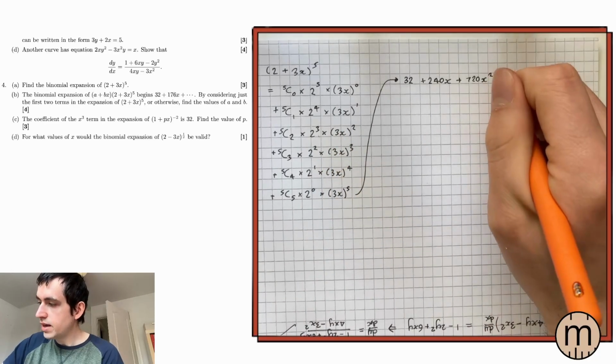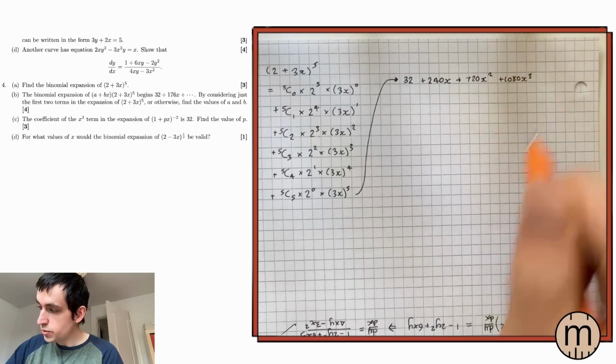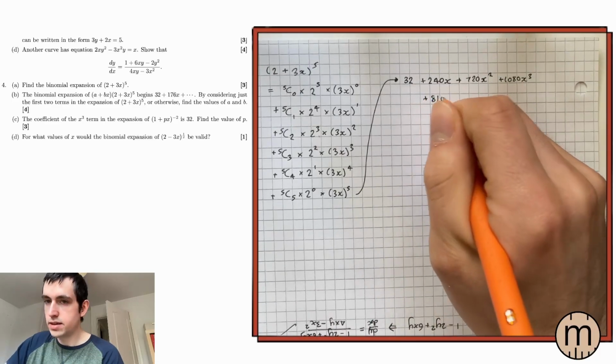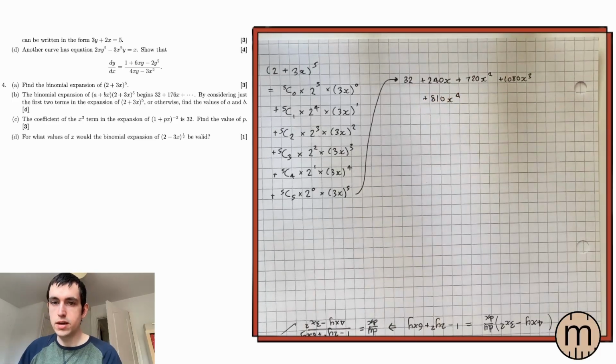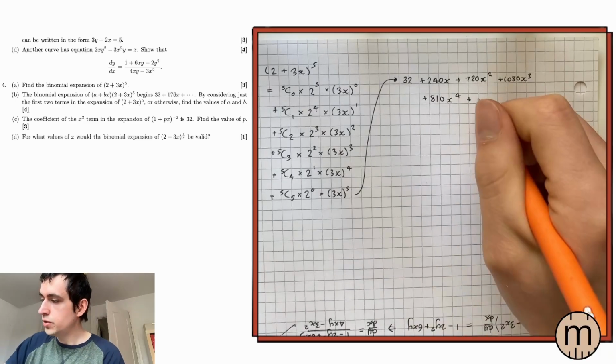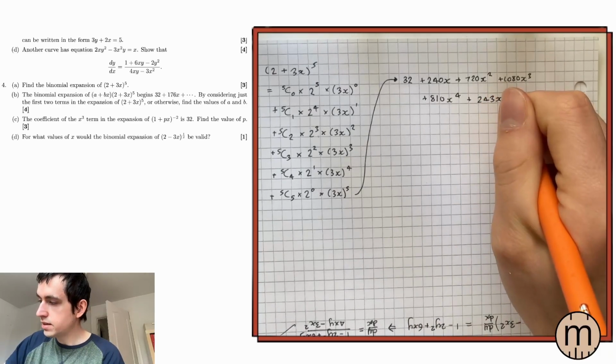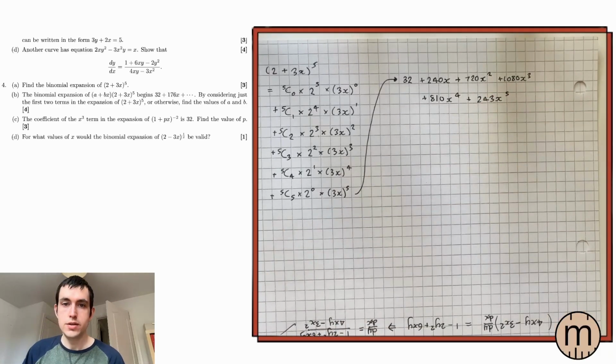Then 1080x cubed, then 810x to the power of 4, and then finally 243x to the power of 5. So for something like this, for me it's very methodical. Get the patterns 0 to 5 or 5 to 0 depending which way. Calculate all those numbers and you get 3 marks.